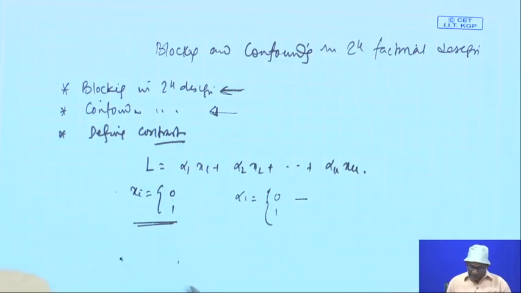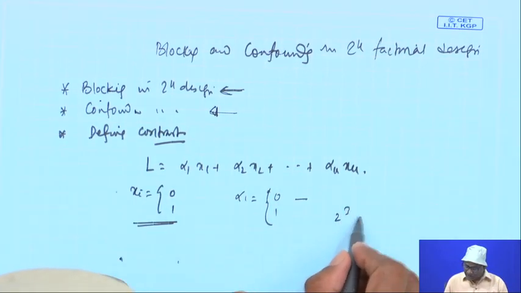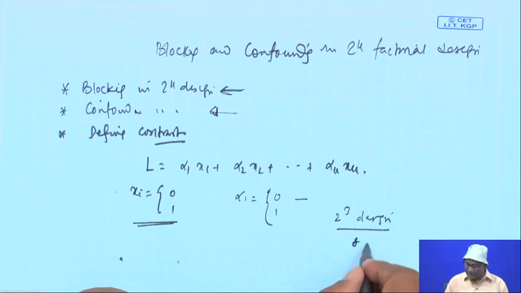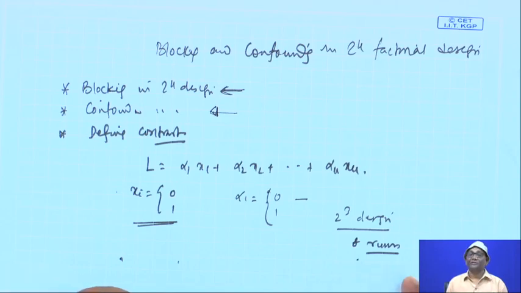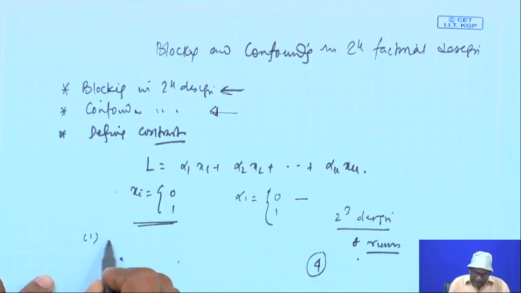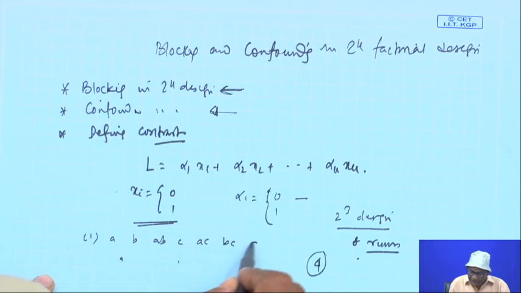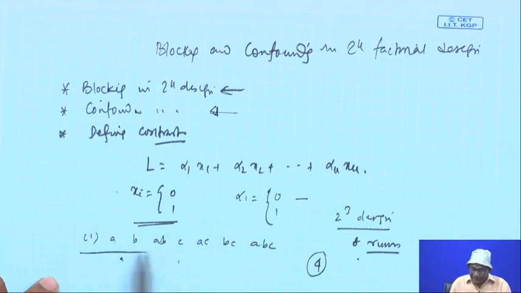Then, in a 2 to the power 3 design case, I have shown you that you will require 8 runs. Suppose you have insufficient materials and can go for only 2 to the power 2 runs per block, that means 4 runs per block. The treatment combinations, starting from 1, then A, B, AB, C, AC, BC, and ABC, are the 8 treatment combinations.